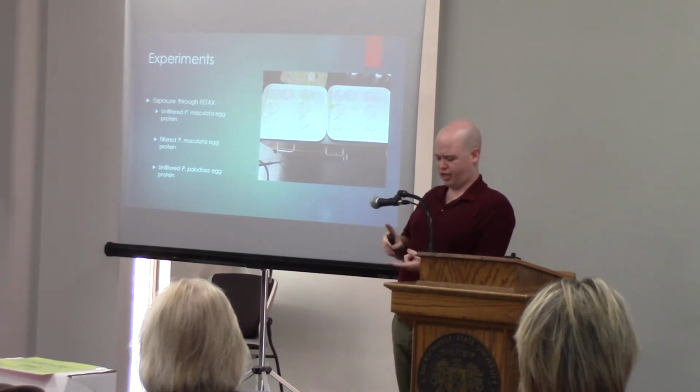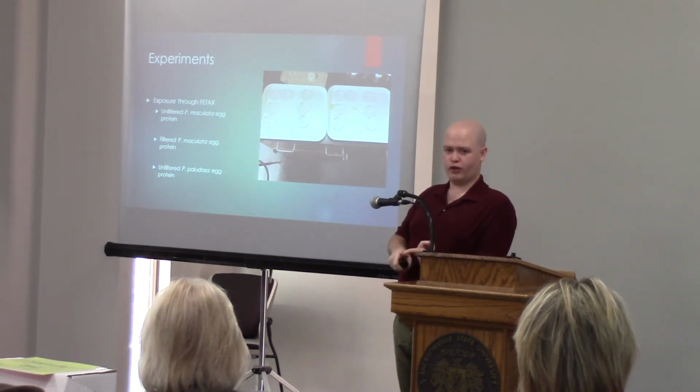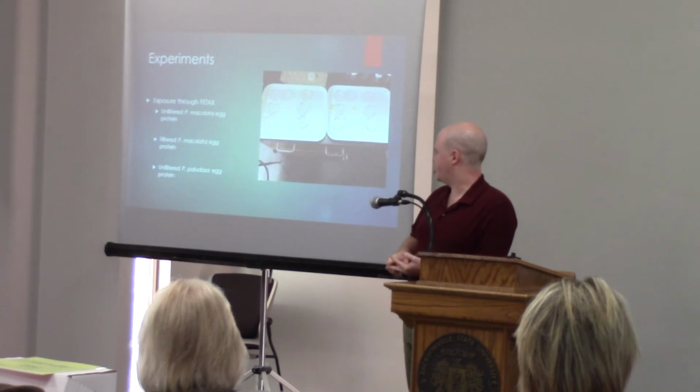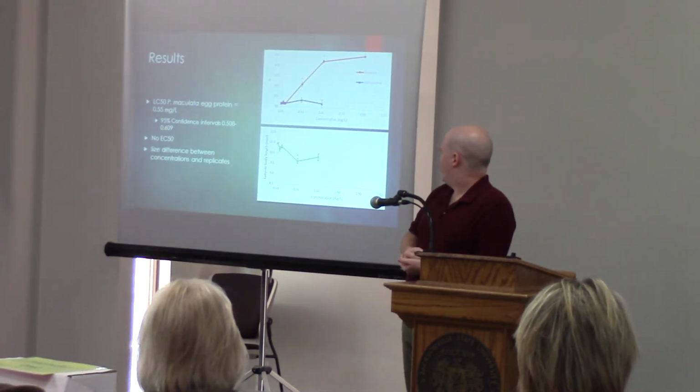We did experiments where we exposed African clawed frogs to unfiltered giant apple snail egg protein, apple snail protein that had been sent through the strong cation exchange column, and unfiltered Florida apple snail egg protein. These are our results.